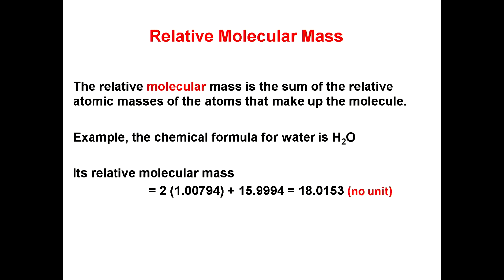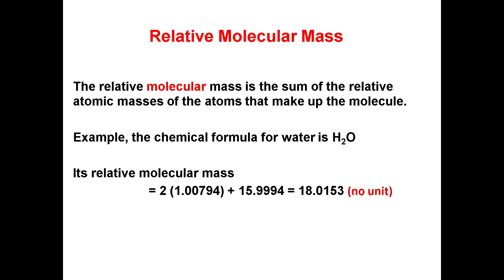So the relative molecular mass is the sum of relative atomic mass. This is for one molecule. It may include more than one atom. So the sum of relative atomic mass is called the relative molecular mass. For example, water.